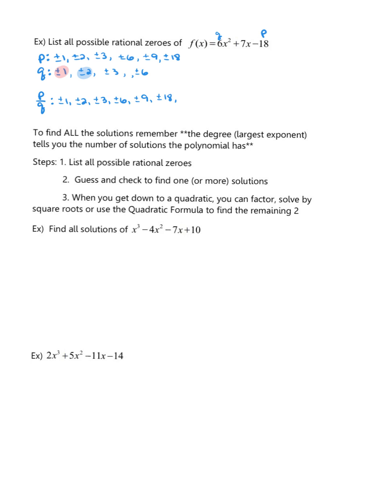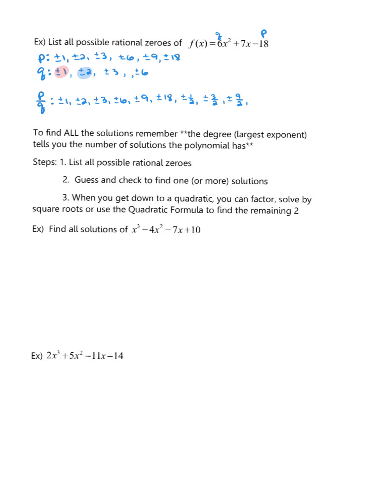So 1 over 2, 2 over 2 is 1, I already have that one. 3 over 2, 6 over 2 is 3, I already have that one. 9 over 2, 18 over 2 is 9, I already have that one.